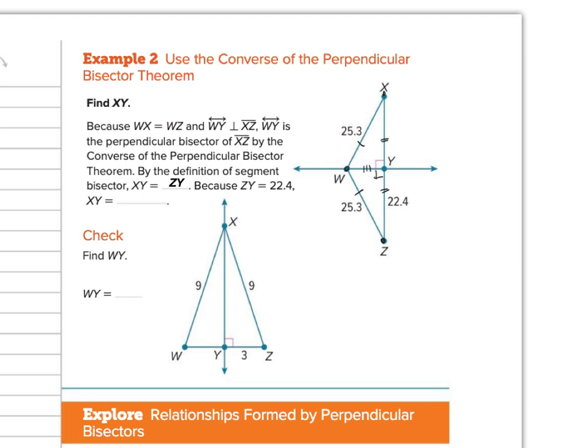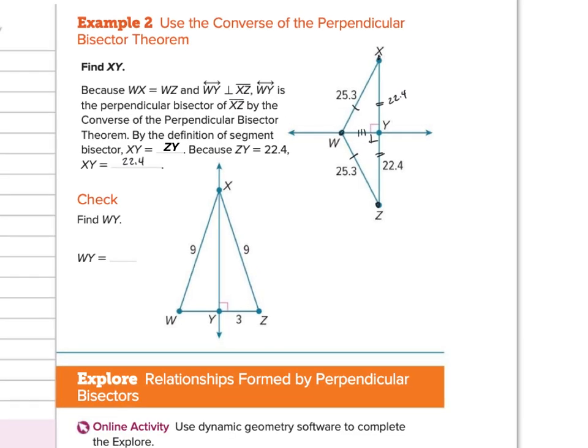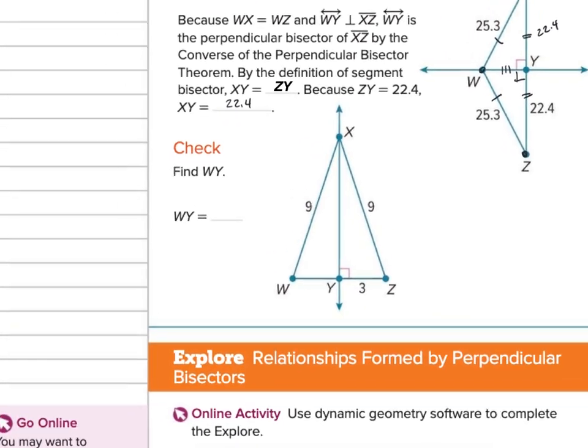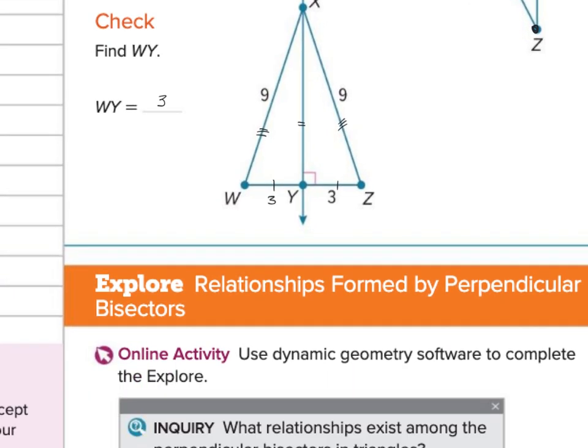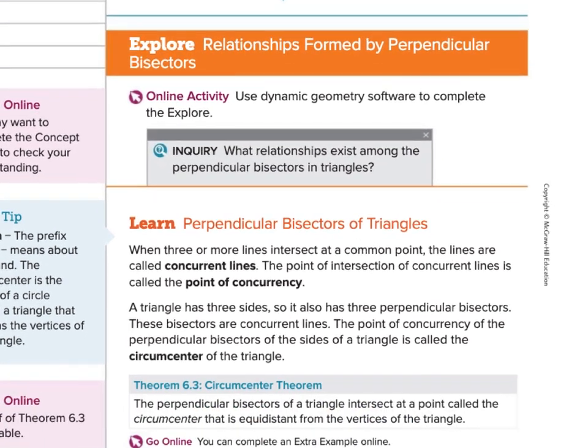Well, if those two pieces are equal, then it should be equal to 22.4. So using those definitions, and then here in our check, WY, again, we know that that is equal to itself. We know my hypotenuse is equal, and then we know this should be equal. So therefore, WY should be 3. Just making sure we understand how to label things and use it.